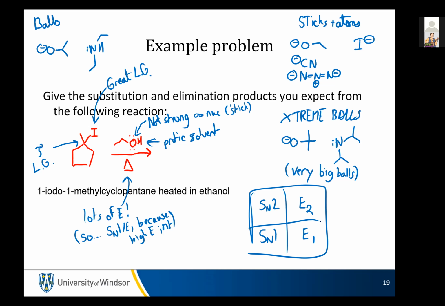So I'm going to look at this and go, I do not have strong basic conditions. I just talked about sticks. There's a whole thing up there in the top right-hand corner about sticks. The nucleophile is a stick. It's straight.